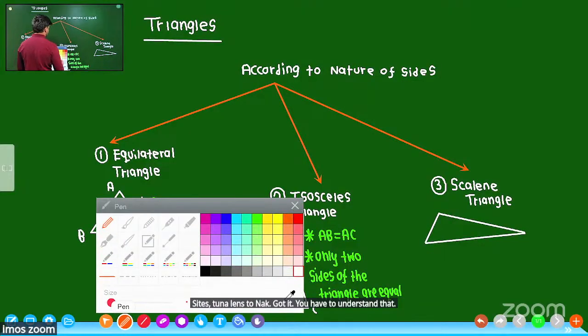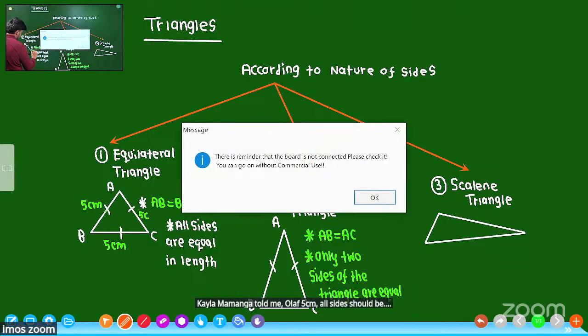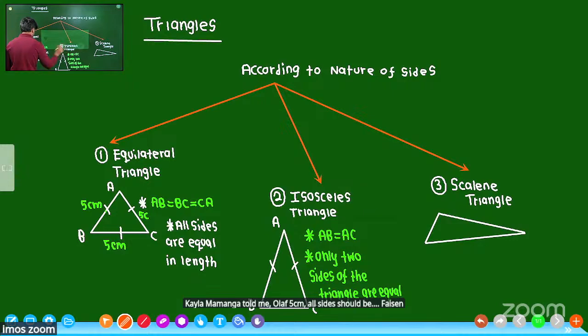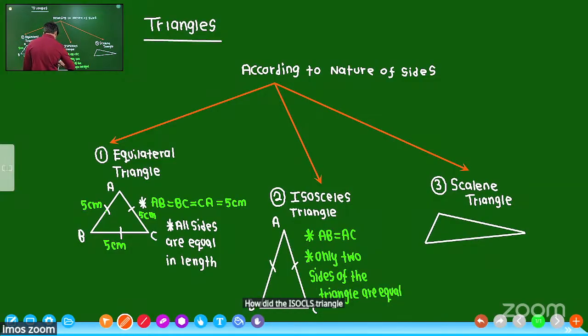Then, for example, in this equilateral triangle, if I take 5 centimeter here, all sides should be 5 centimeter. හරිද? Isosceles triangle ගත්තොත්, 6 centimeter නම් මෙහා 6 centimeter.